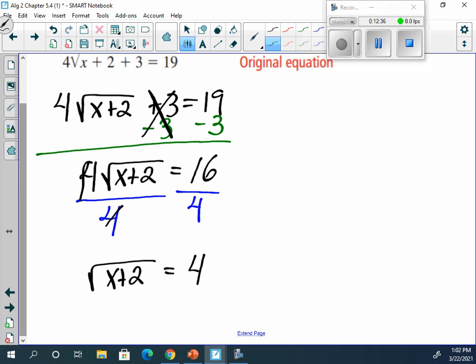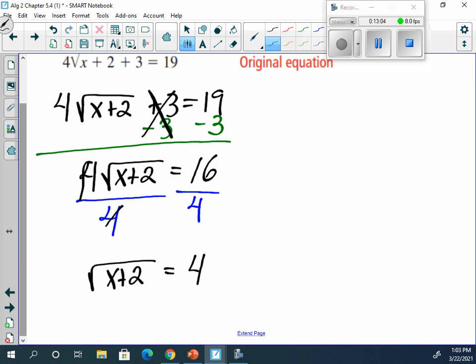So what would we do next? So what's the main goal? The main goal is to do what? To get the radical by itself, yes? Is there anything with the radical?